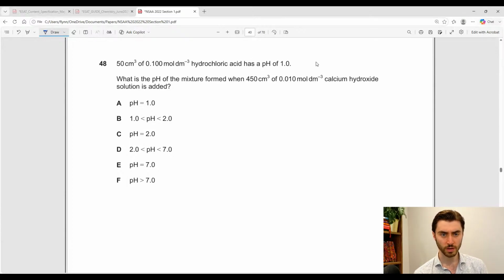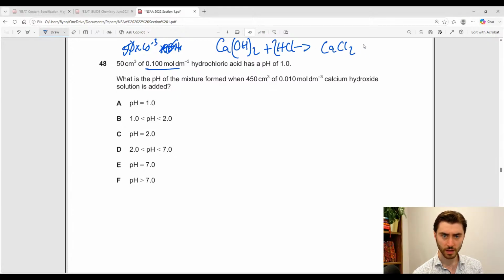This had a pH of 1. What's the pH formed when this is added? Okay, so it's done based on the concentration of the H pluses. So we have 50 times 10 to the minus 3 decimeters cubed times 0.1. Turn that into 5. That's the number of moles of HCl to start with. So calcium hydroxide plus HCl goes to calcium chloride plus 2H2O.